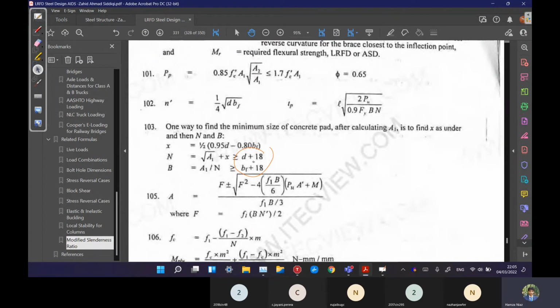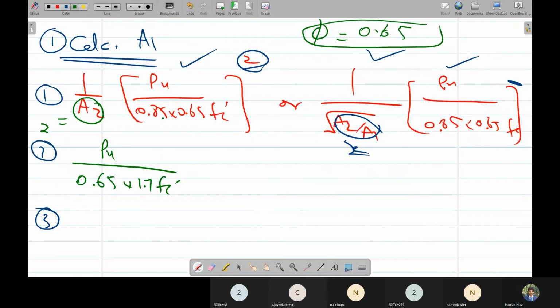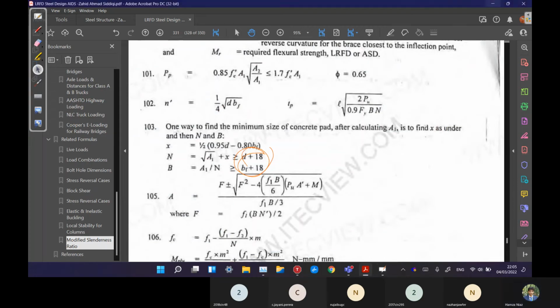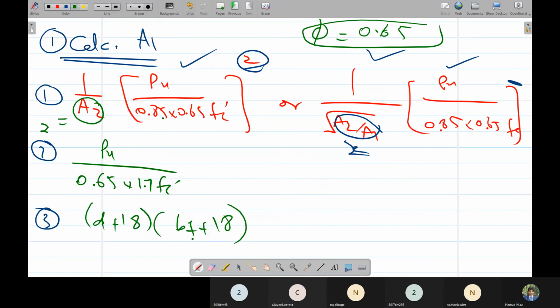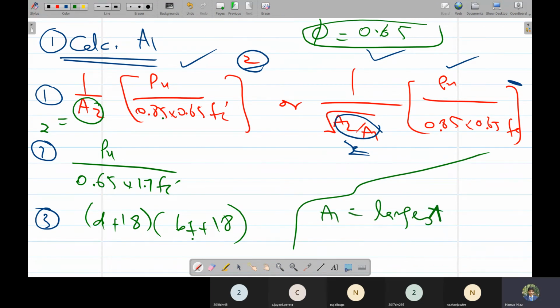The third area should be greater than the minimum, which is d plus 18 and bf plus 18. So d plus 18 times bf plus 18, just multiply these two. This is the third area. Whichever is the largest of the three, A1 is equal to the largest. Whichever is the largest, we are going to use. This is how we can calculate the area of base plate.